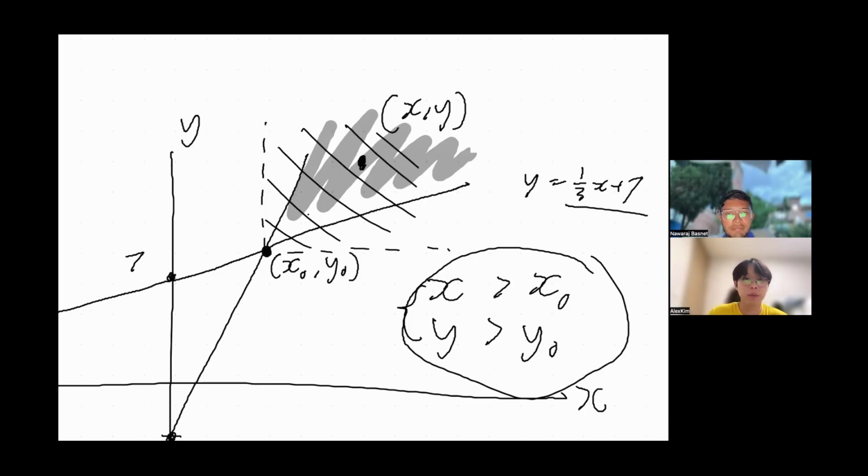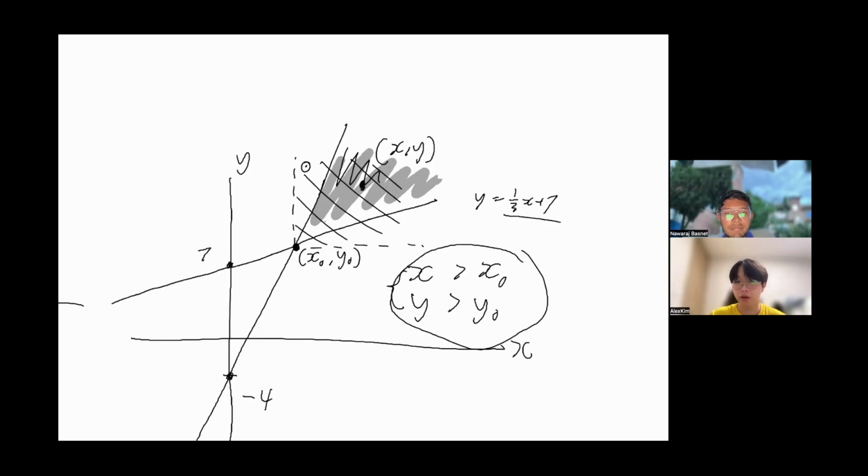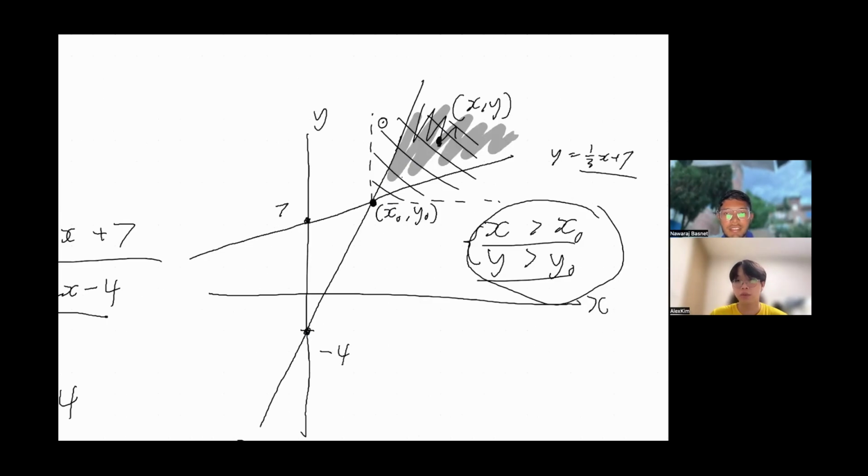Yes, sir. Because you might find points that satisfy this but are actually in this part, which is not part of the area that you need to find, right? Yes, sir. So that's why this could be a guide, but it might still show a wrong answer to be true. Yes, sir.